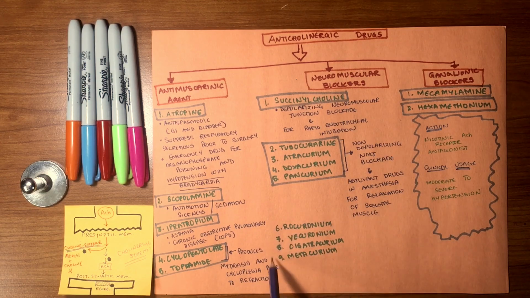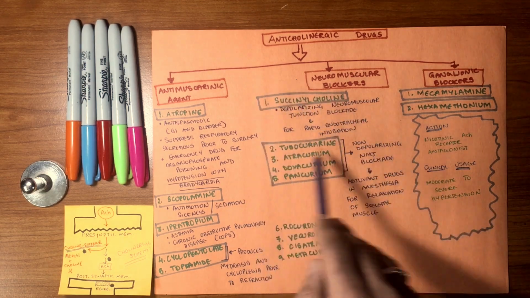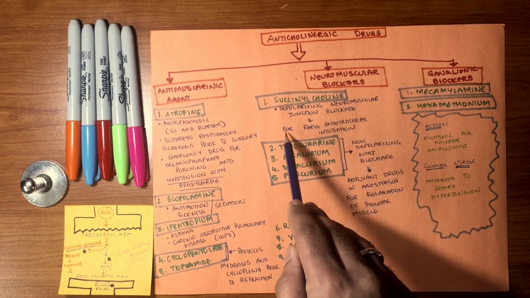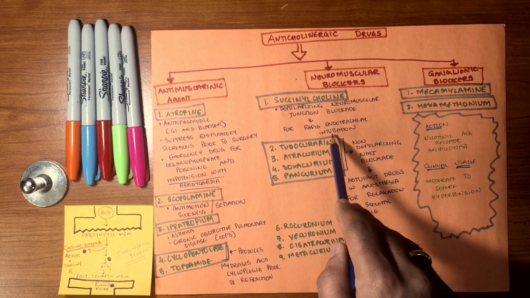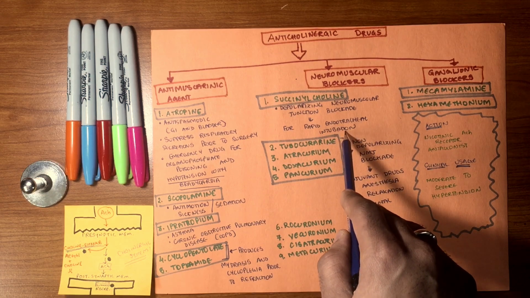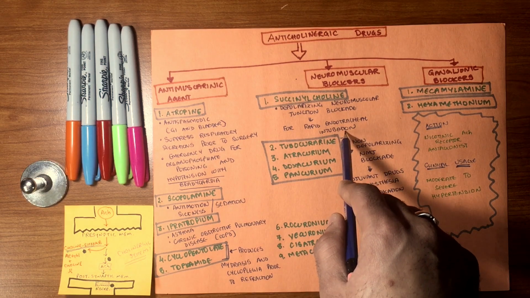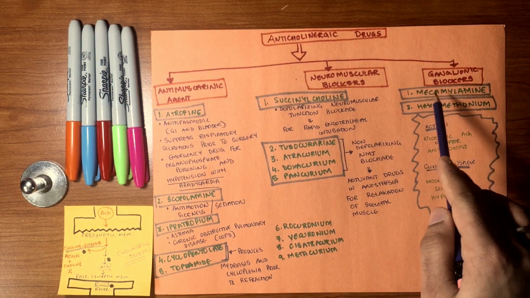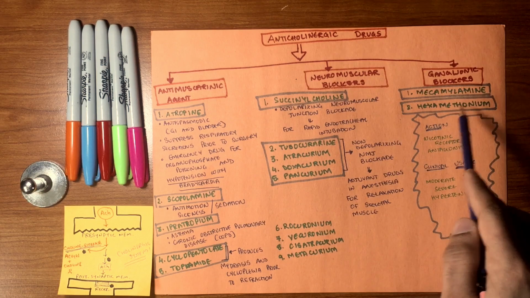Then the rest of the drugs. Succinylcholine, most importantly, is a depolarizing neuromuscular junction blocker for rapid endotracheal intubation so that the upper respiratory tract muscles are relaxed. The ganglionic blockers are mecamylamine and hexamethonium.